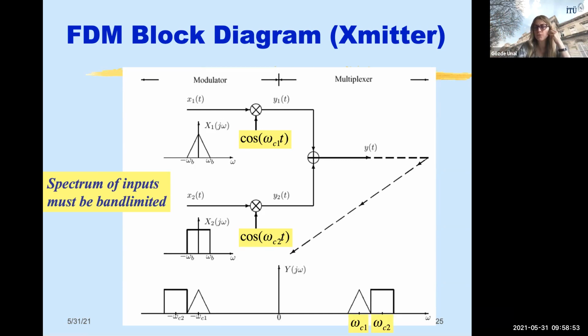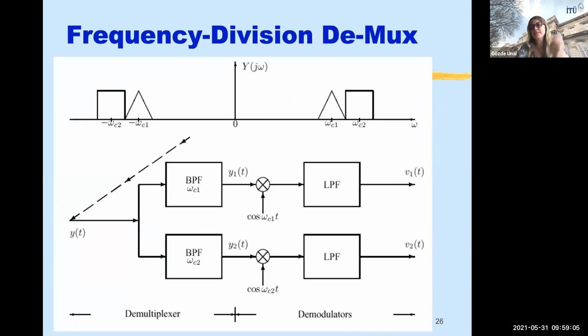The spectra of inputs should be band limited, which is why typically we apply a low pass filter, and we need to be careful about overlaps between the frequency bands. But then at the receiver, you have to extract the corresponding frequency band. This is the idea behind multiple AM radio channels.